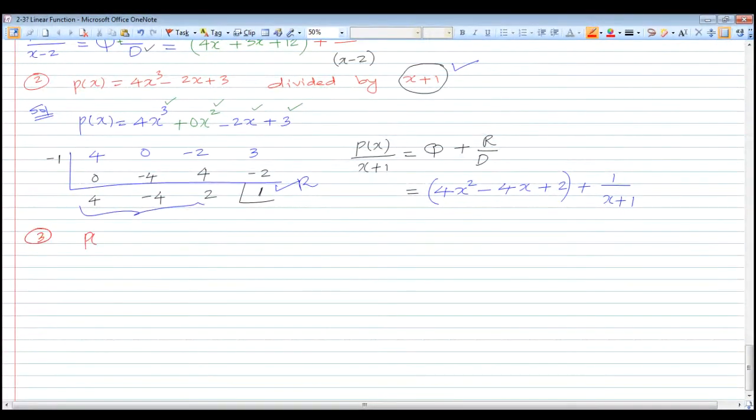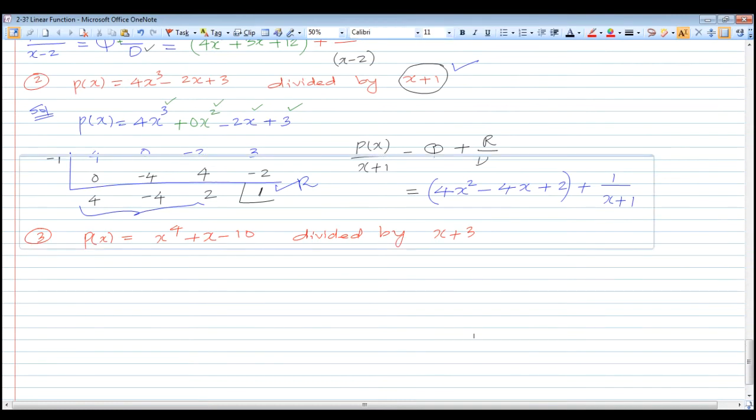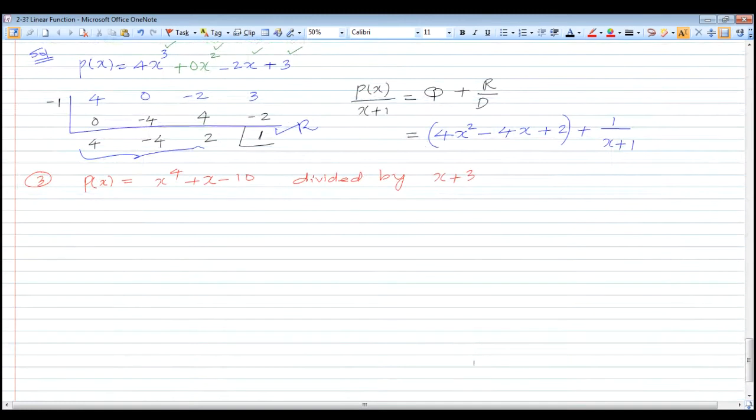P of x is equal to x power 4 plus x minus 10, divided by x plus 3.